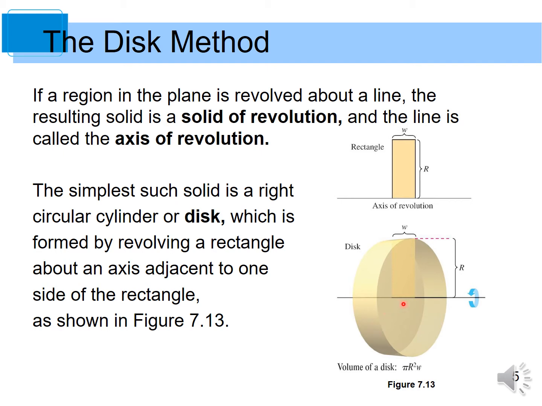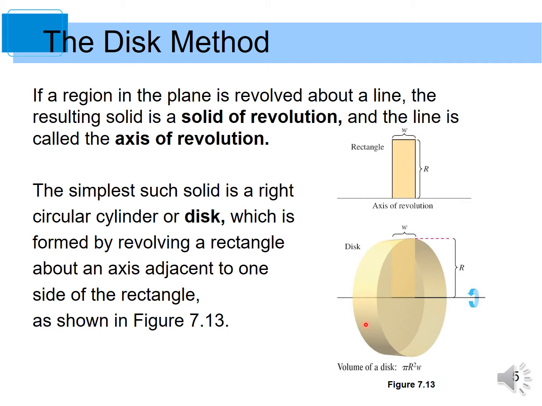The radius of the disk is the height, the length of the rectangle, and the width of the disk is the width of the rectangle.